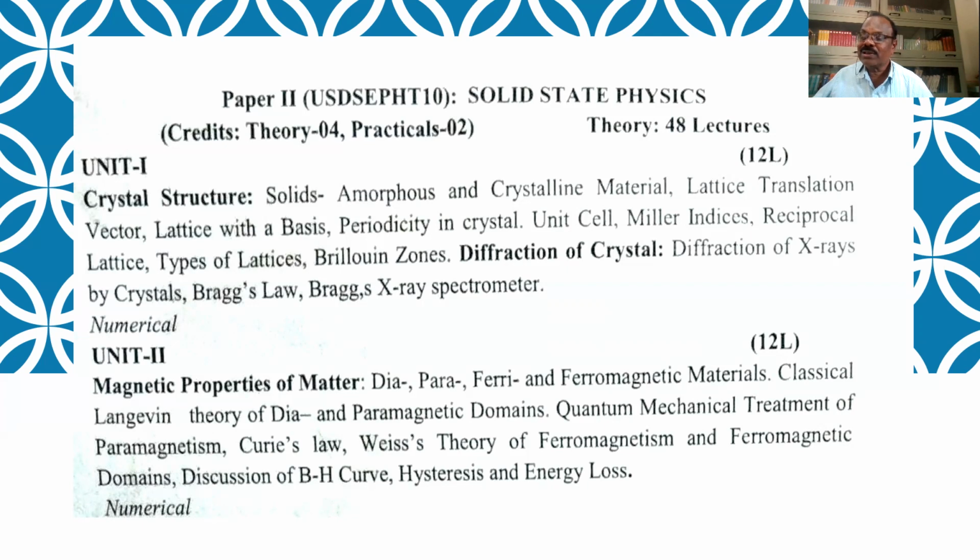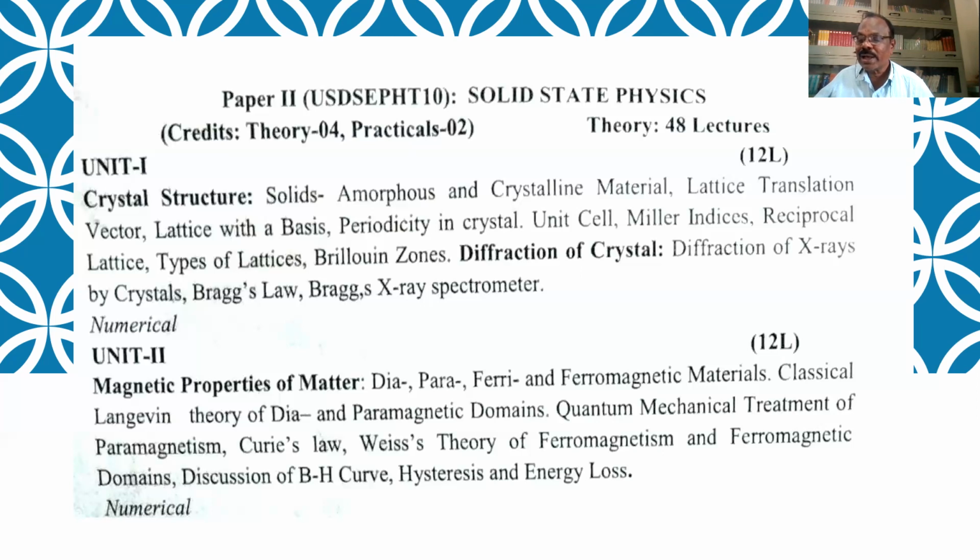The classical Langevin theory of diamagnetism and paramagnetism, the quantum mechanical treatment of paramagnetism, as well as Curie's law, Weiss law, Weiss theory of ferromagnetism and the ferromagnetic domain. Discussion of the BH curve, hysteresis, and energy losses is studied in this second unit.